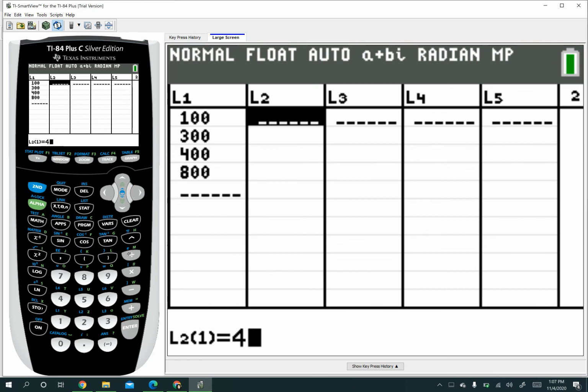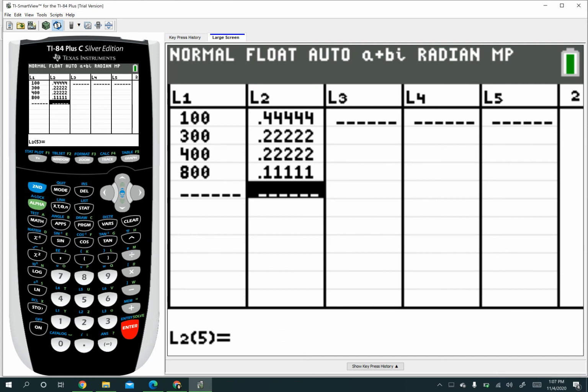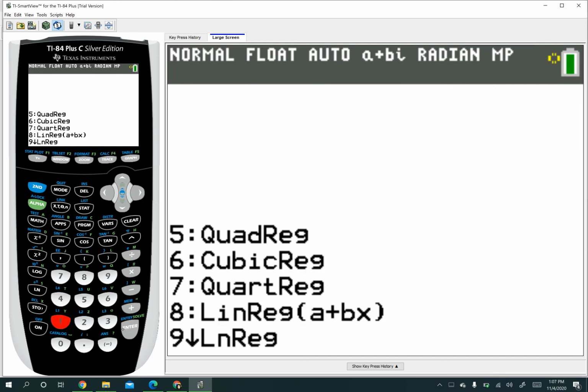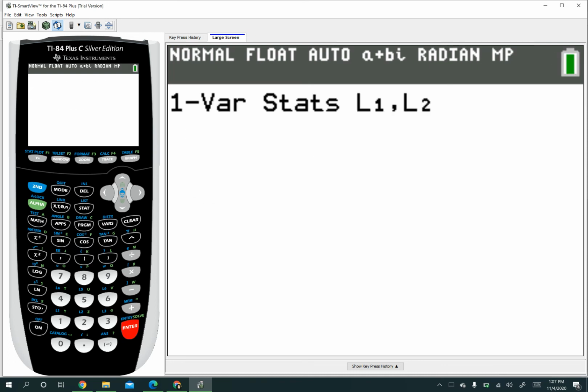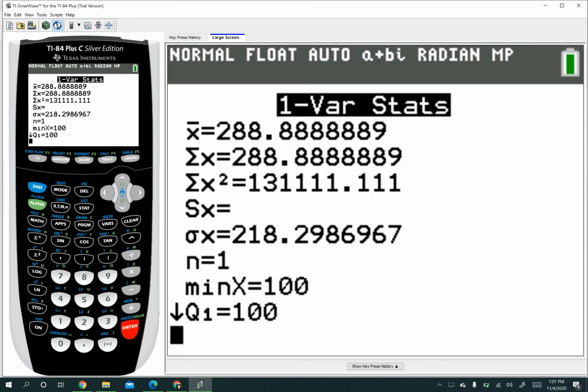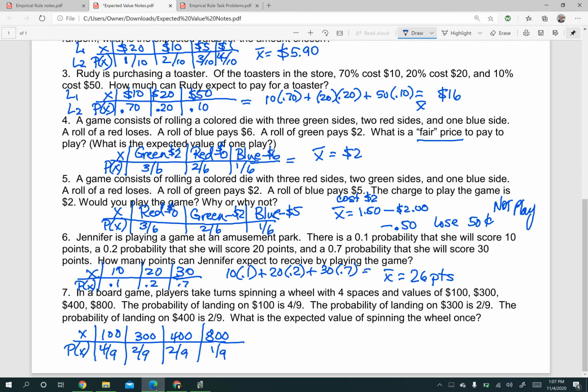We get 4 nights, 2 nights, 2 nights, and 1 night. And we're going to stat calc this, 1-variable. And so we get $288.89. So that's the expected value of spinning the wheel 1 time. And that's all you would do. Okay?